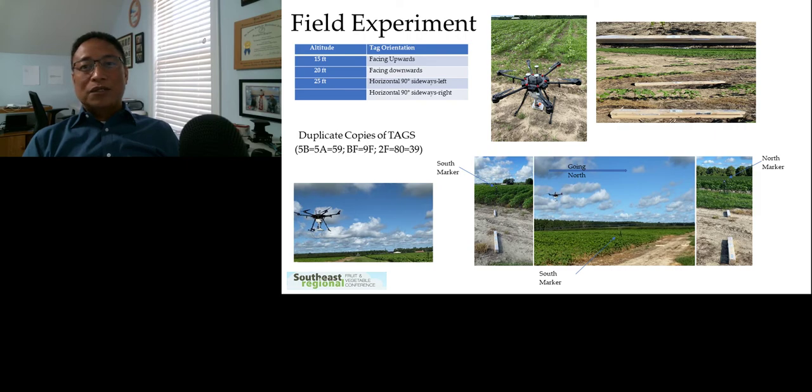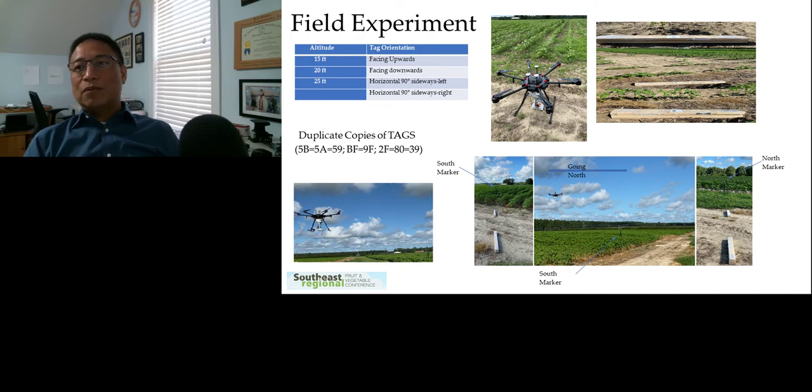The 3 altitudes evaluated were 15 feet, 20 feet, and 25 feet. 4 different tag orientations were used for each altitude: tag facing upward, downward, horizontal 90 degrees sideways left, and horizontal 90 degrees sideways right.